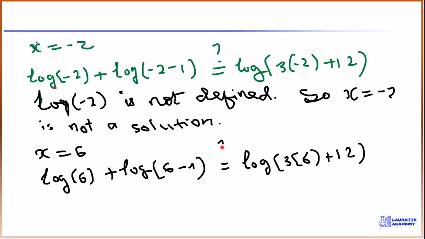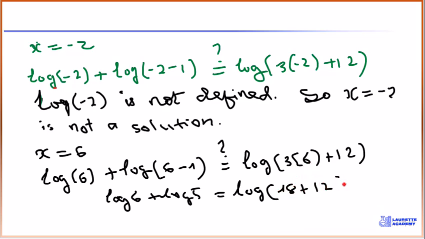We're checking if this is equal to that. So this will be log of 6 plus log 5. Is it equal to log 3 times 6 is 18 plus 12?